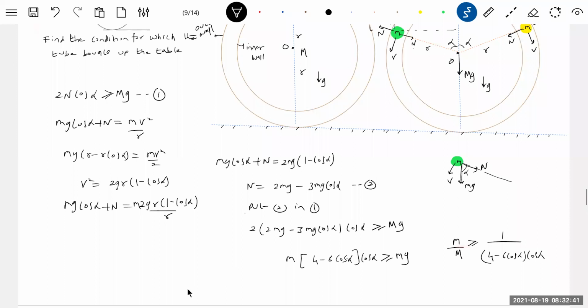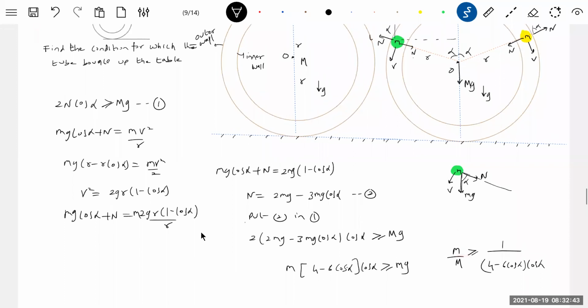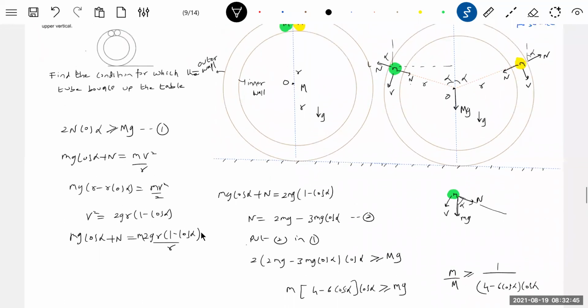Okay, if this condition is satisfied, the tube is going to bounce up.